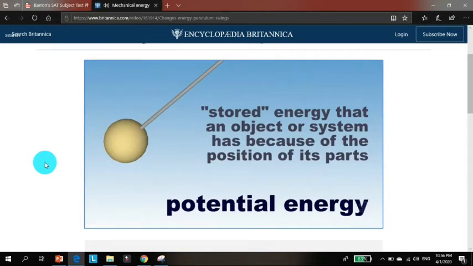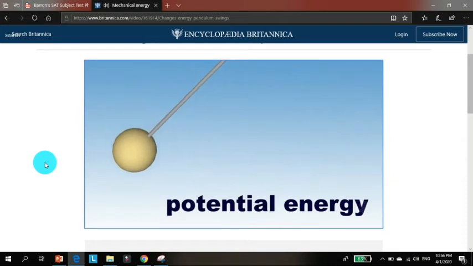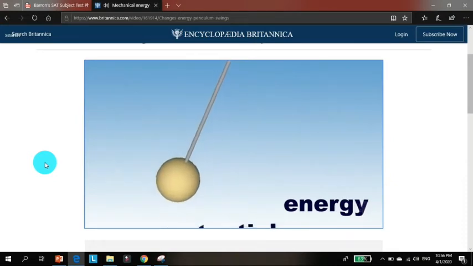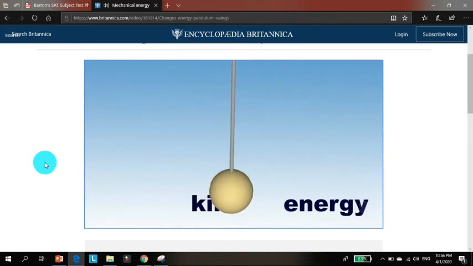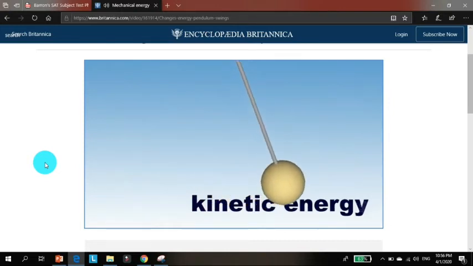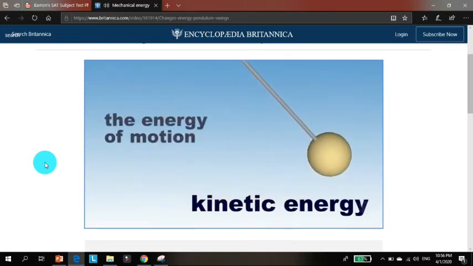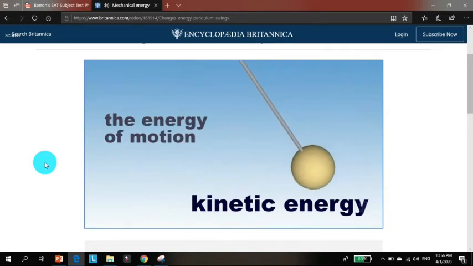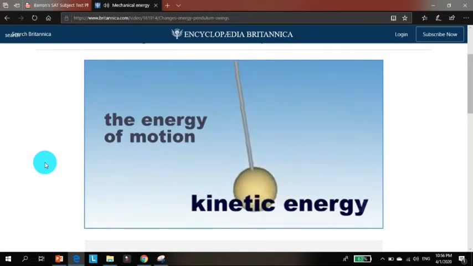Once the weighted end of the pendulum is released, it will become active as gravity pulls it downward. Potential energy is converted to kinetic energy, which is the energy exerted by a moving object. An active pendulum has the most kinetic energy at the lowest point of its swing when the weight is moving fastest.